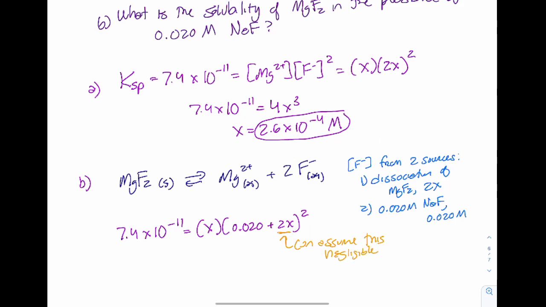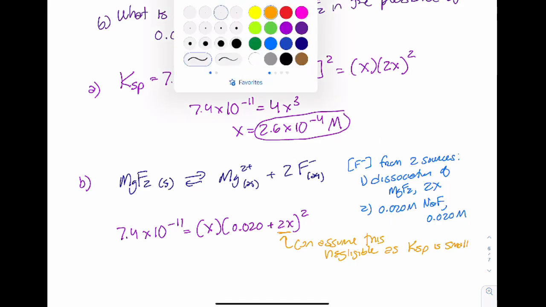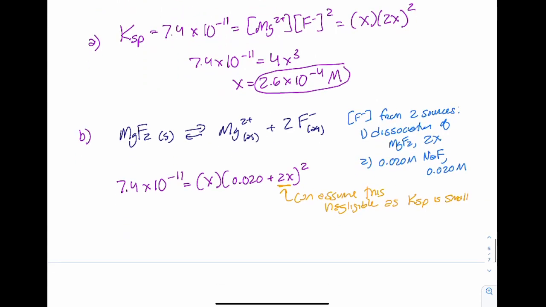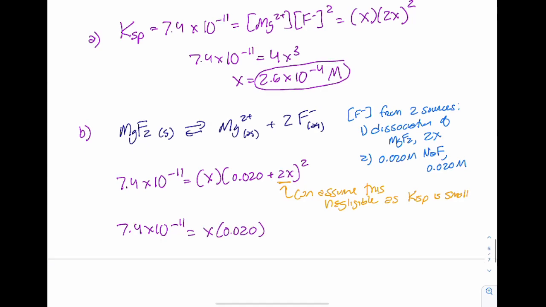And if you're a big fan of the quadratic equation, by all means, go ahead and do it both ways and compare your answers. So as our KSP is small, I can rewrite this one more time to be 7.4 times 10 to the negative 11th. It's going to be equal to x times 0.020.